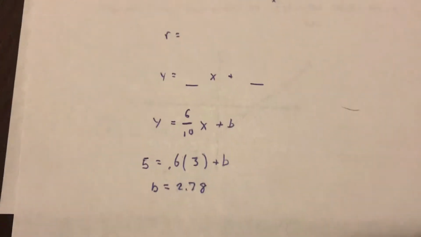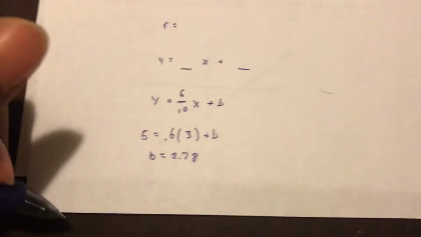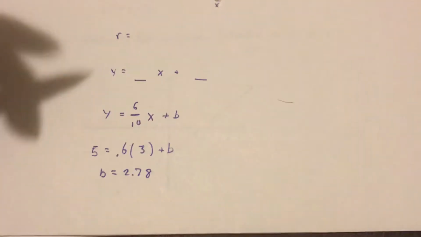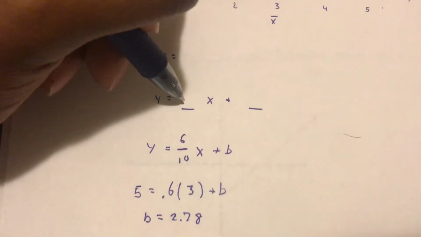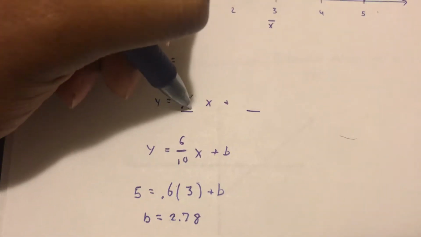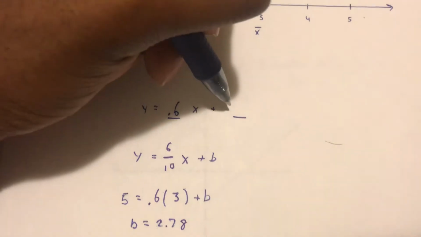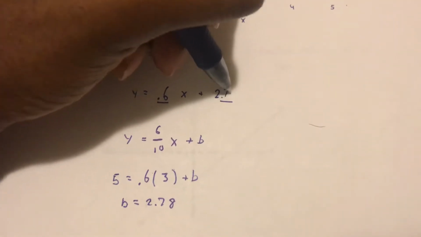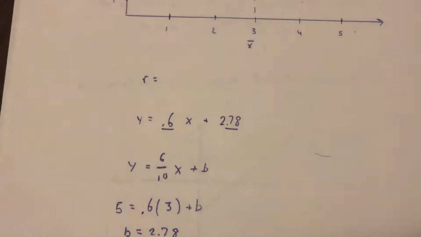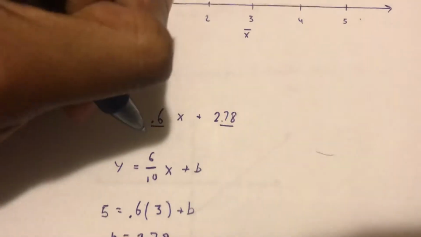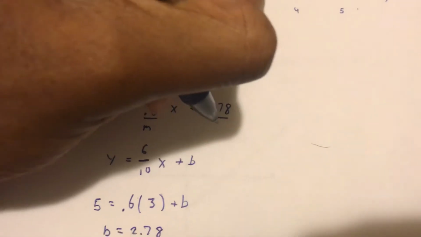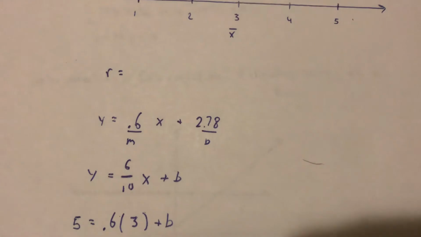If I did the math correctly too. But just to solve for our equation, to plug everything in, we have y equals 0.6x plus 2.78 for our b. And then again, this is the slope and y-intercept.